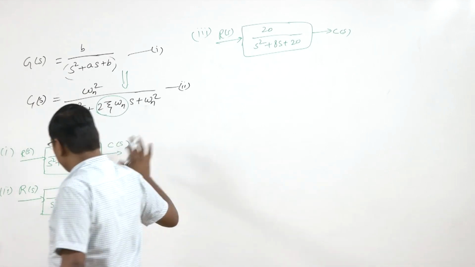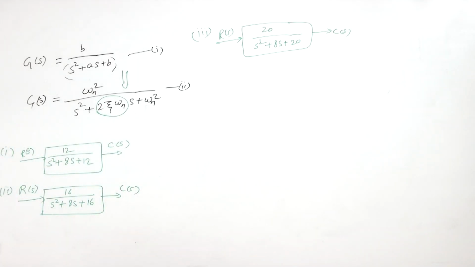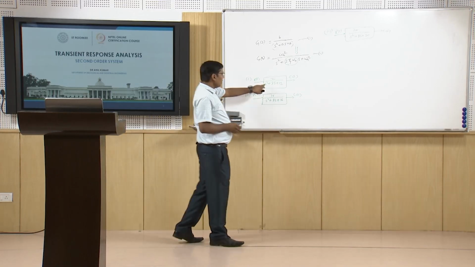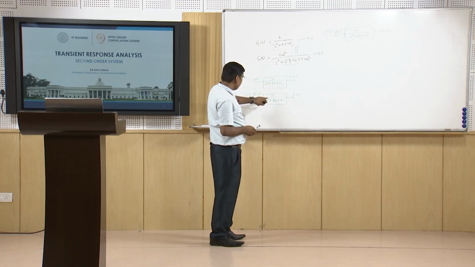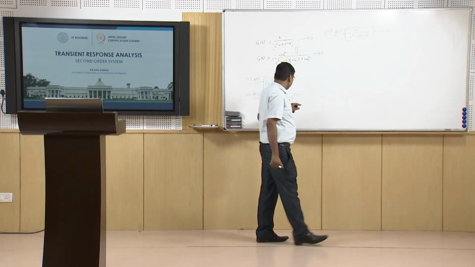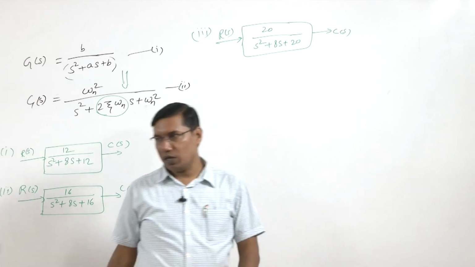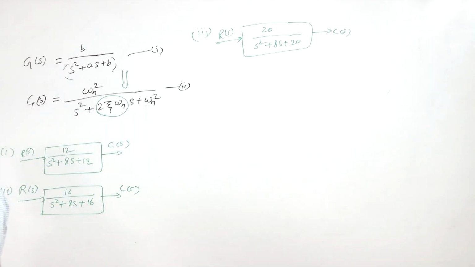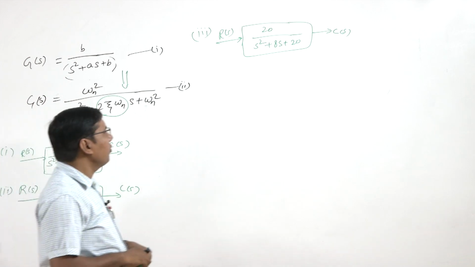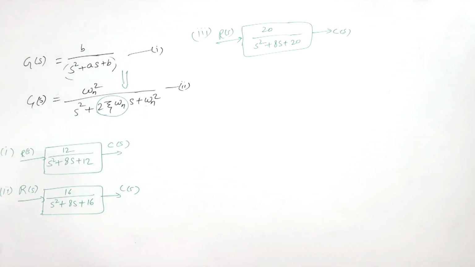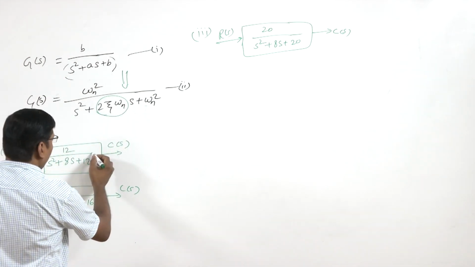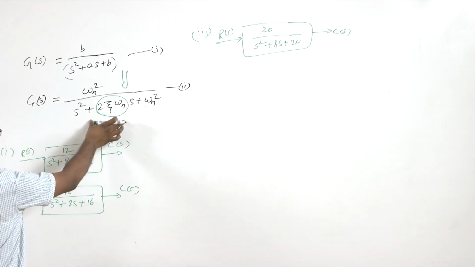So we have these three systems. One is 12 by s square plus 8s plus 12, 16 by s square plus 8s plus 16, and 20 by s square plus 8s plus 20. Now we have to find the damping and natural frequency of these systems.